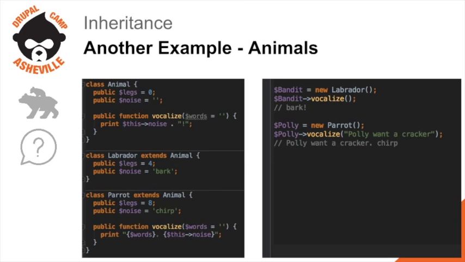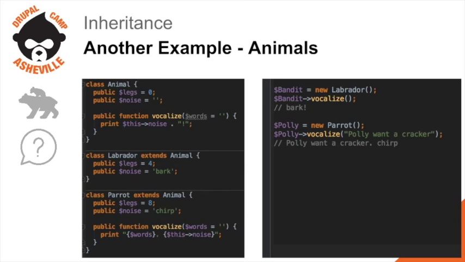But parrots have overridden the vocalize method, and I've let it accept a whole new set of words that you can provide it. So in my example, if I make an instance of a Labrador called Bandit, when Bandit vocalizes, it says bark! And I'll make an instance of the parrot named Polly, and when Polly vocalizes, I say, Polly want a cracker?